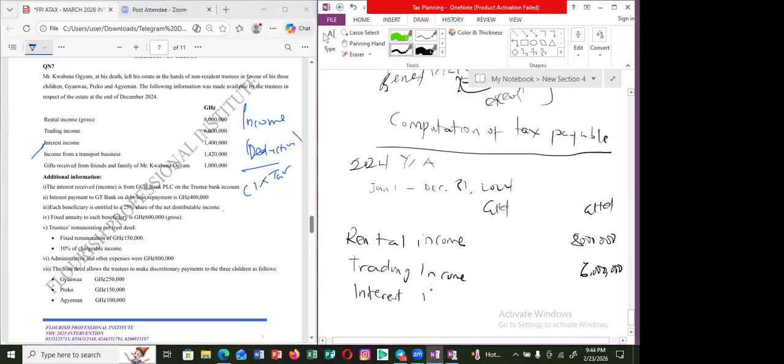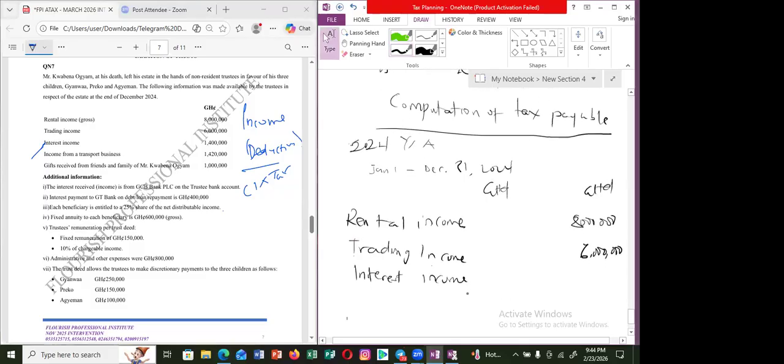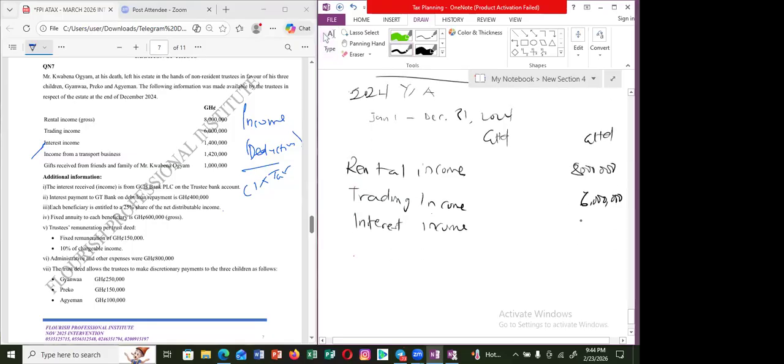Interest income is 8%. Let's note it, put it down. We talk about it. 1.4 million. We also have gifts received. So the trust also received gifts from the friends of the deceased, also included. So that's 1 million.